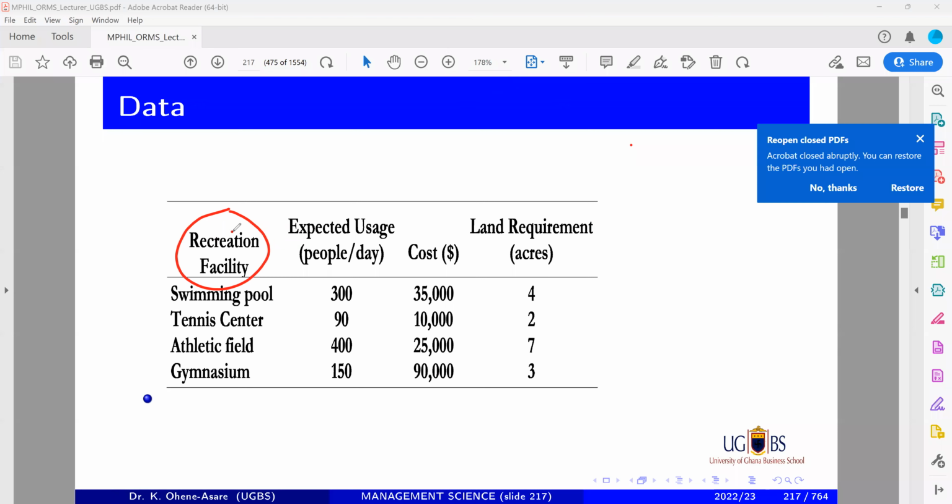Then the total number of people who will use it after we have built it, that is the expected number every day. This is the cost of building each one. And then the acres of land required to build. Of course, you want to spend less on costs and use fewer acres of land whilst you are increasing the number of people.